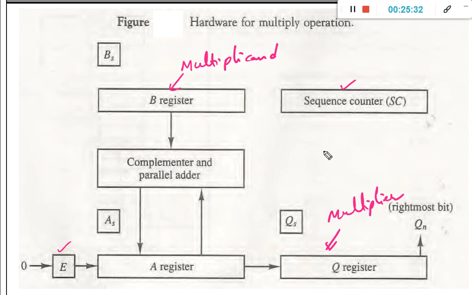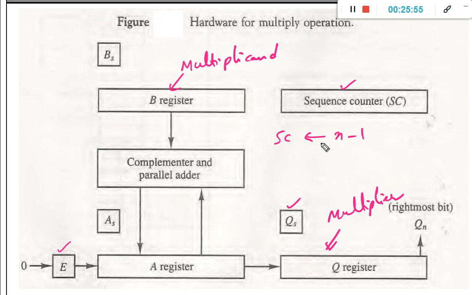However, the initial value of the sequence counter is actually n minus 1. Here n is the number of bits of the multiplier, including the sign bit.